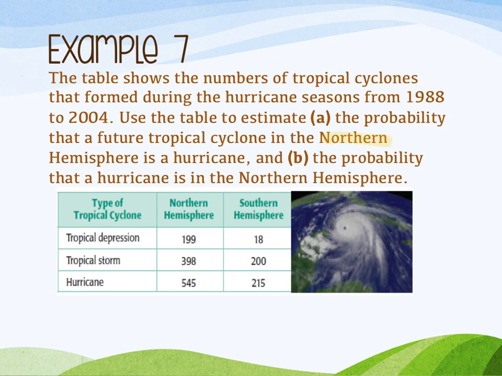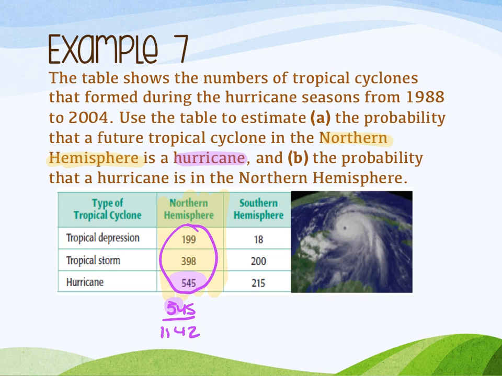If I look at A, there are 2 requirements here, and the first is that it's in the northern hemisphere. From that, I eliminate everything in the southern hemisphere. So I'm talking about just these storms. Then the second thing says it is a hurricane, so I'm being specific to just hurricanes. So all I have to do is take that 545 and put it over the total amount that's in the northern hemisphere: 199 plus 398 plus 545, which is 1142.